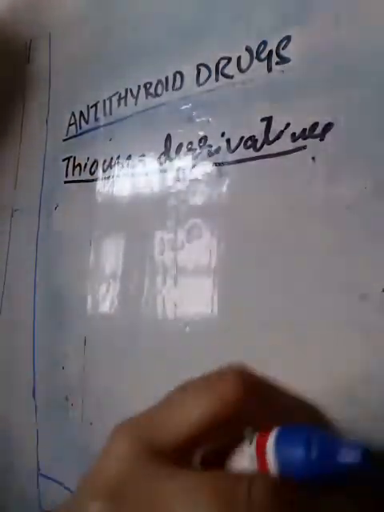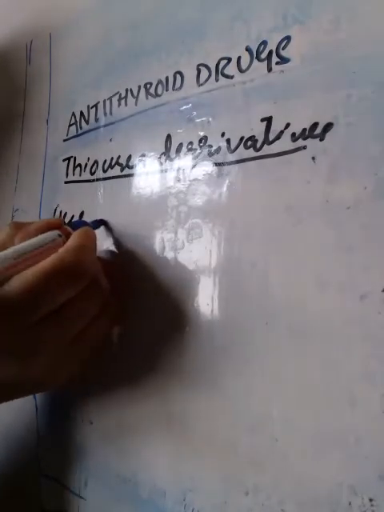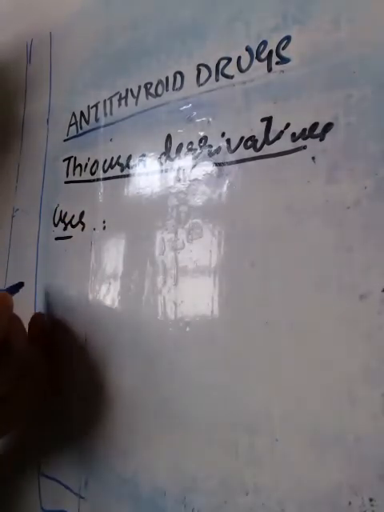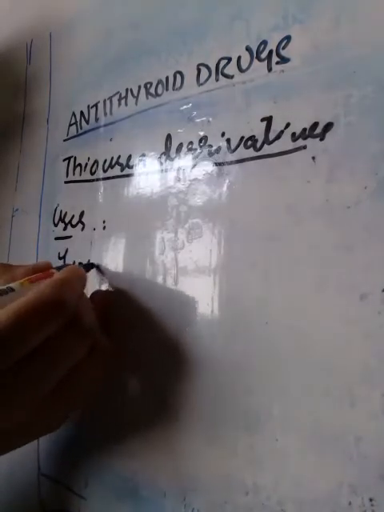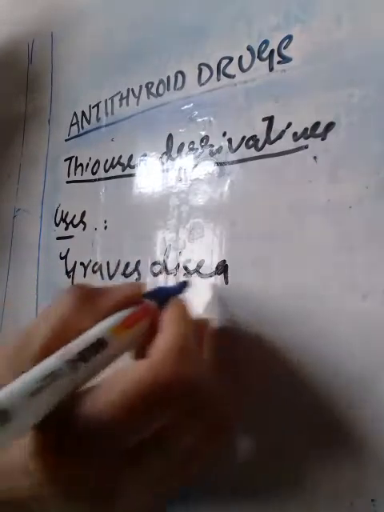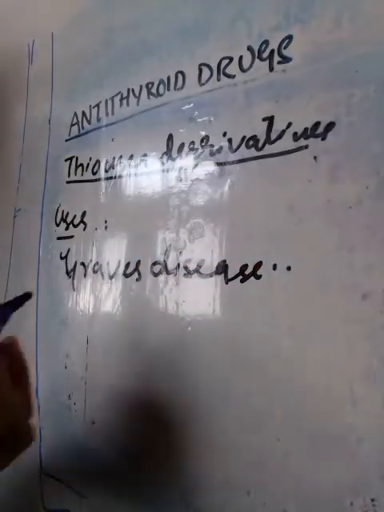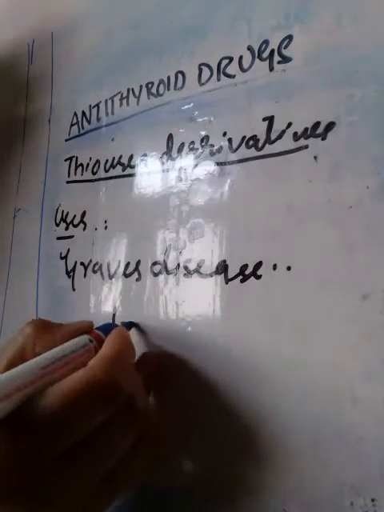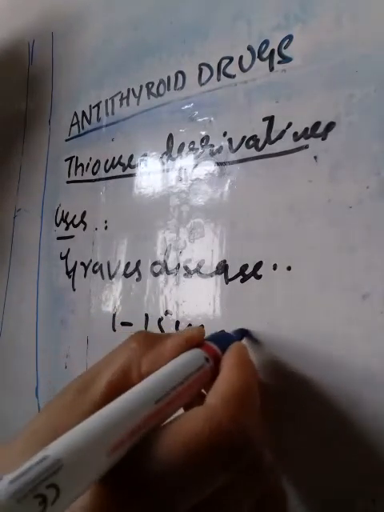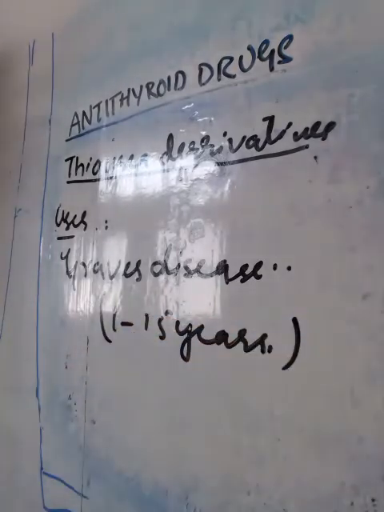Now coming to the uses. They are used in Graves' disease, that is a hyperthyroidism disease. In this disease, we need a long treatment of about 1 to 15 years.